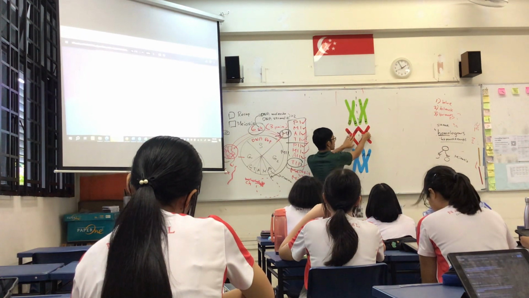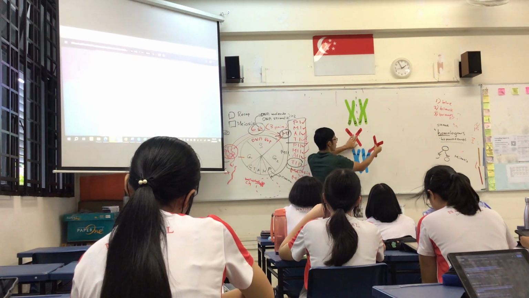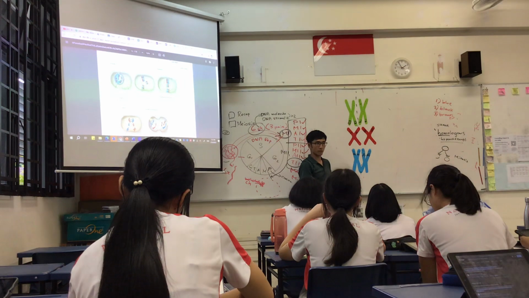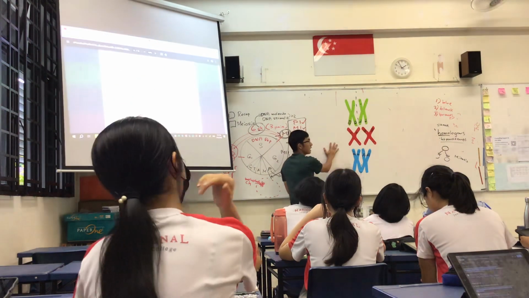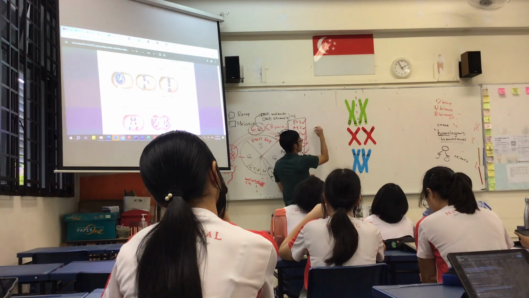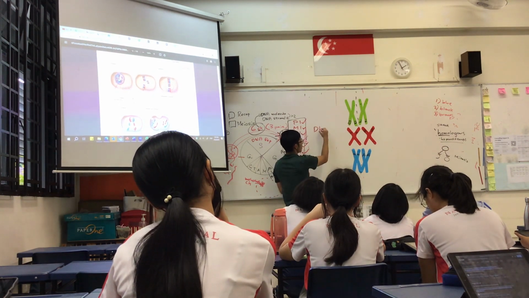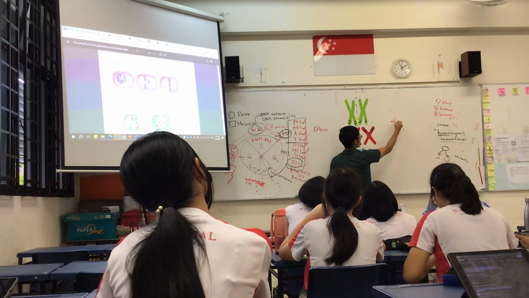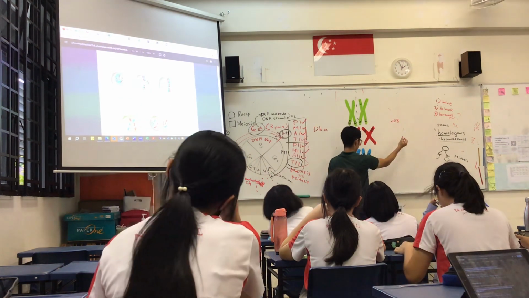For example, this pair could have arranged itself this way. If it arranges itself this way, the cell on the left will have a different combination already, right? The cell on the left may have big E, small b, small a. The cell on the right will have small d, big B, and big A.